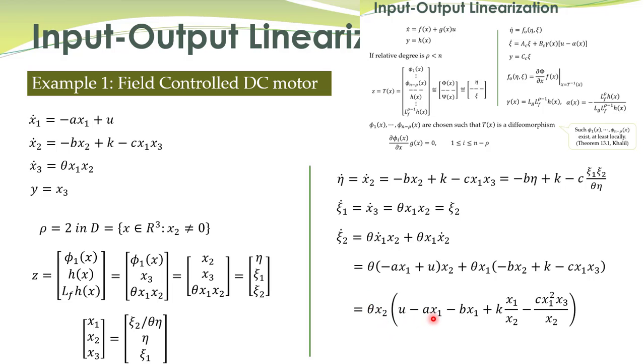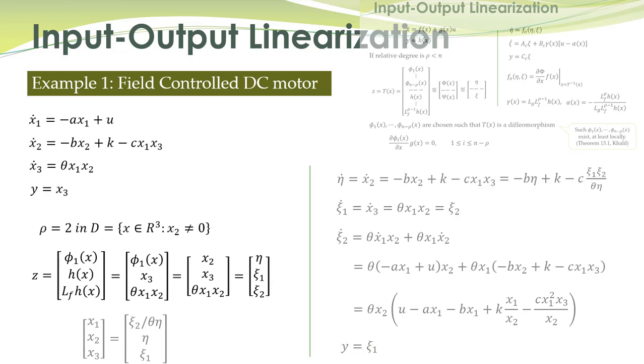Xi2 dot is equal to this expression, and from here you can define the control law to obtain linearization. The output equation y is equal to x3, and x3 is equal to xi1, so y is equal to xi1.